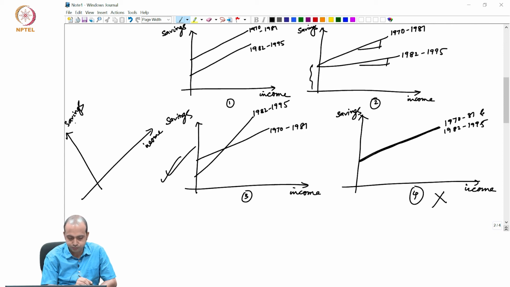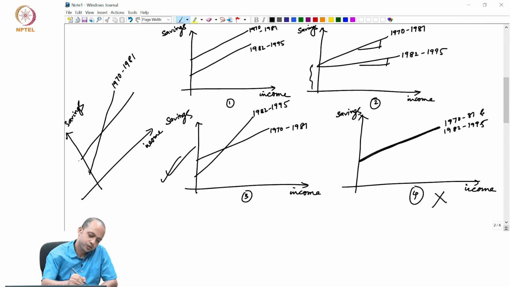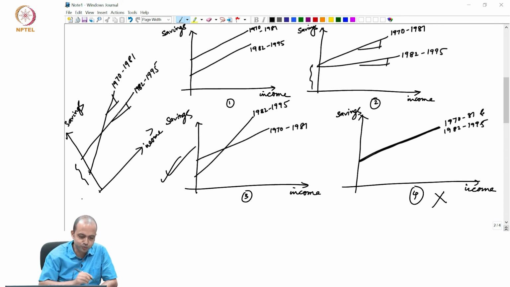So, that means if this is your 1970 to 1981, your post recession period, 1982 to 1995, should be this. Intercept is higher, but the slope is lower, here the slope is more.